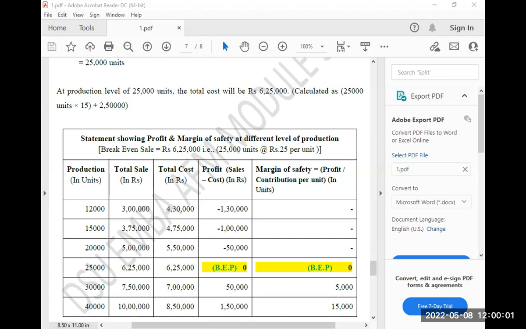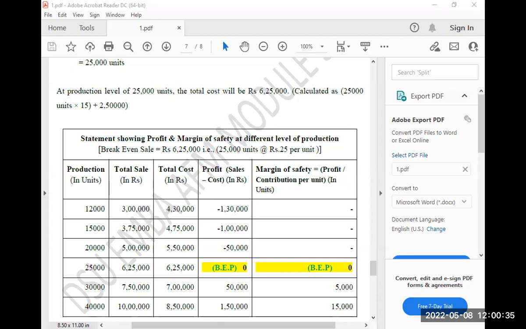This we haven't discussed. Please write down the formula. One more concept: sales required to earn a desired profit. We are going to calculate the sales to earn X amount of profit, the required or desired amount of profit. How do you find out? There is a formula for this.